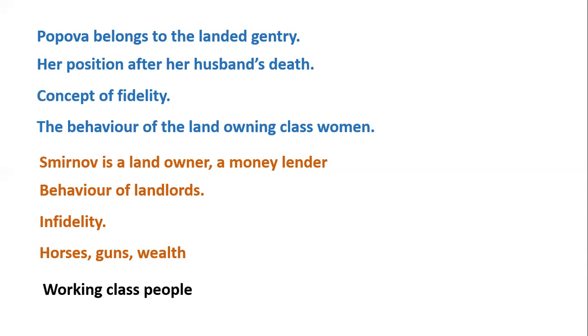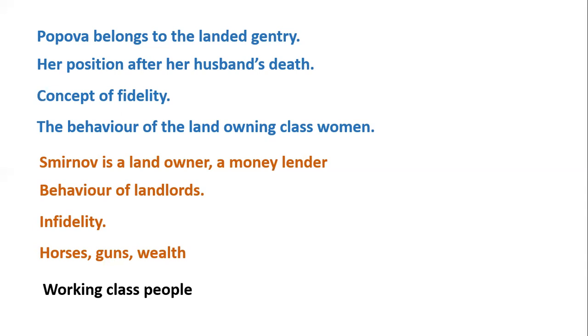But she declares her love: I loved him passionately. And she remembers his love letters. So this shows his infidelity. He was not faithful to Popova. So this can be taken as the quality of all landlords at that time. Even Smirnov belongs to that class.